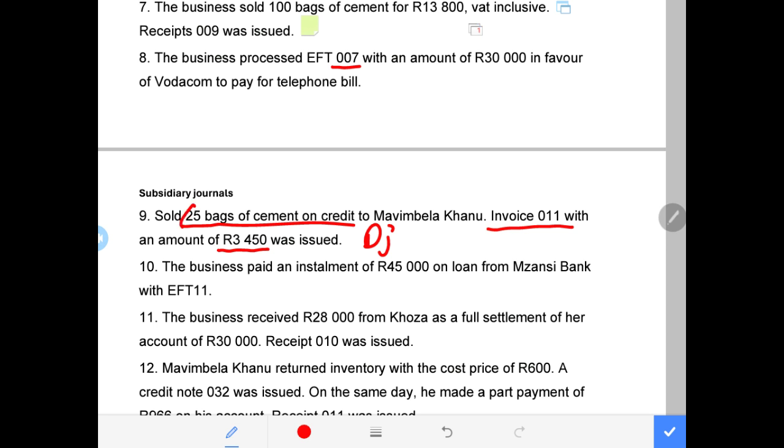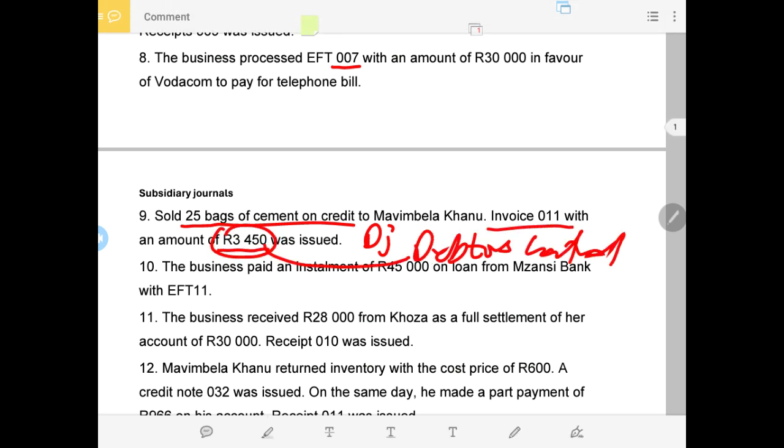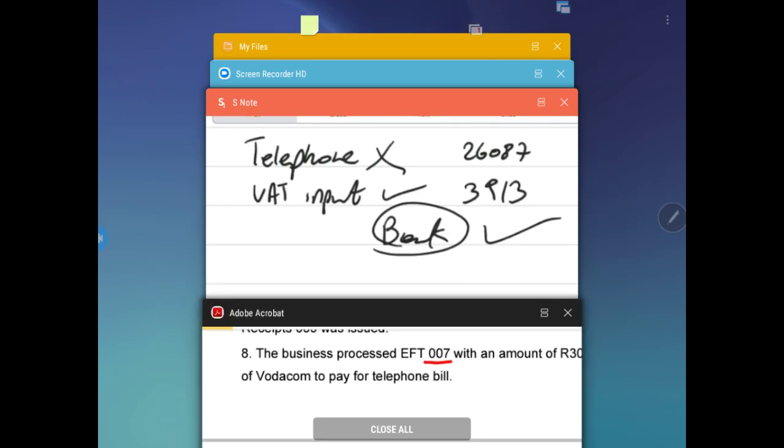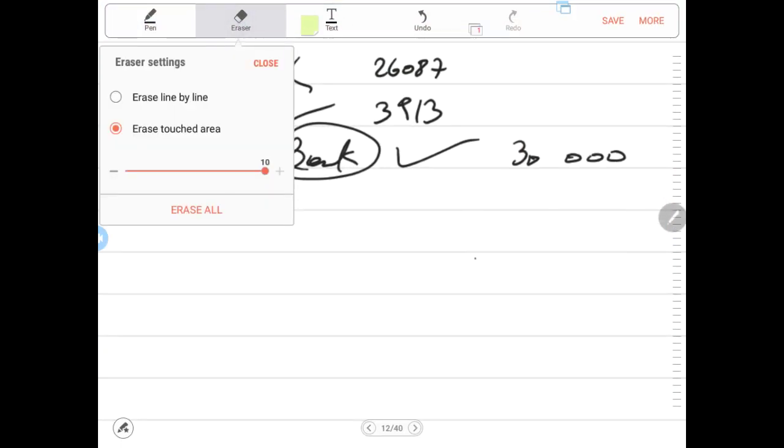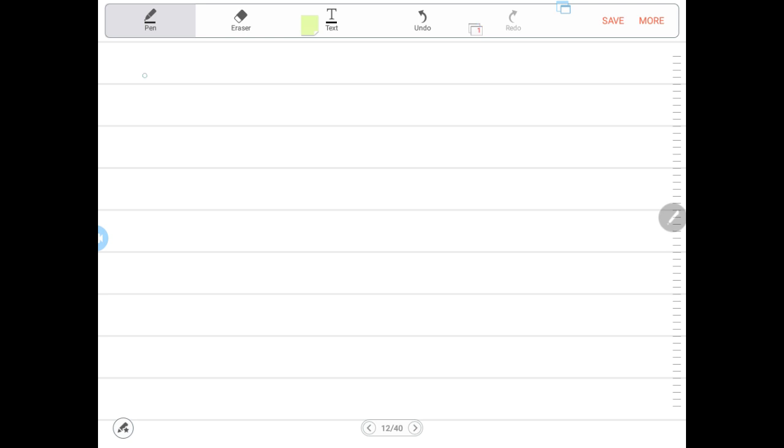Now we sold 25 bags. We need to know the cost price, the selling price, and the VAT. The amount of 3,450 is the one that goes to a debtor. Under debtor's control is the amount that includes VAT. So let us calculate the cost price and everything. 25 bags of cement.